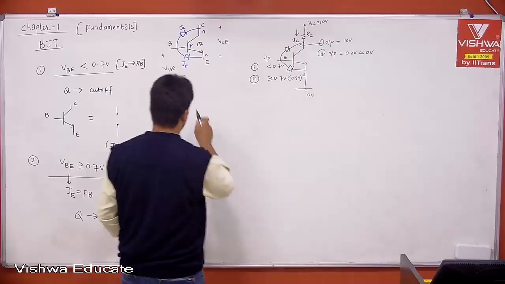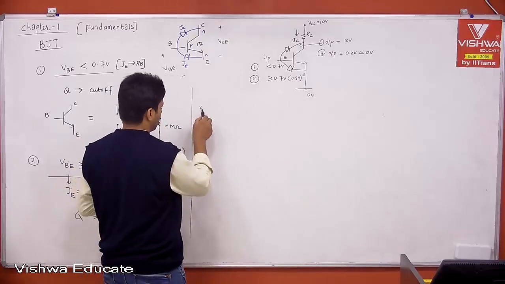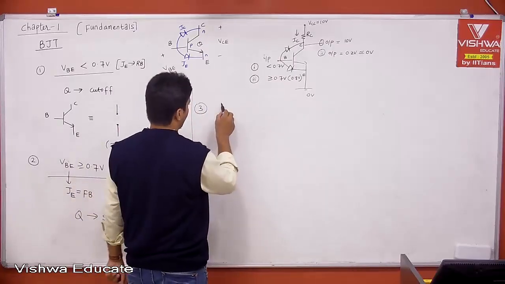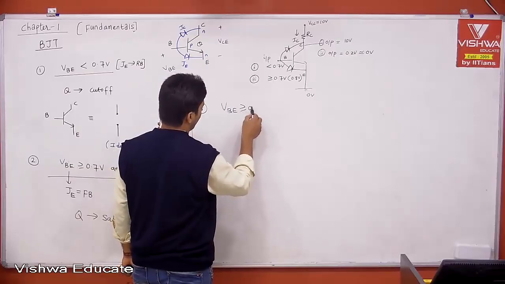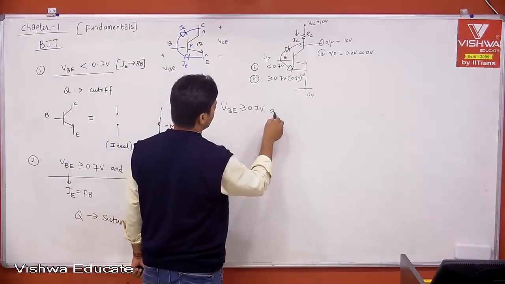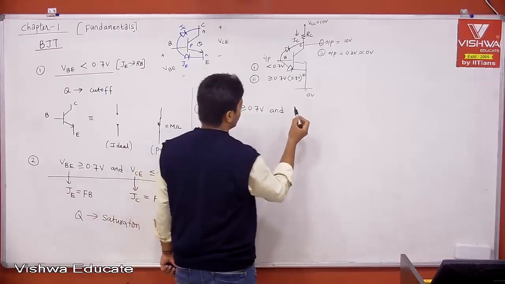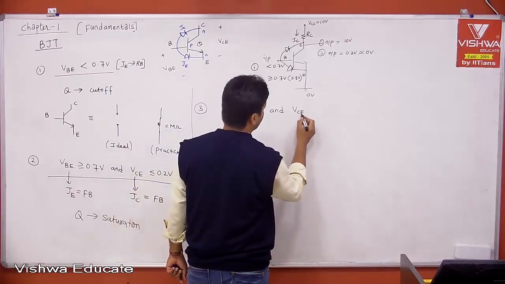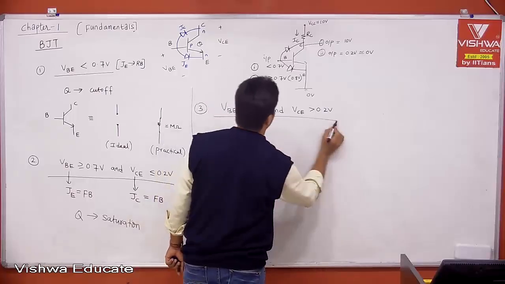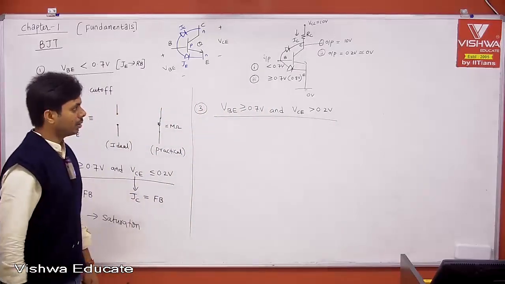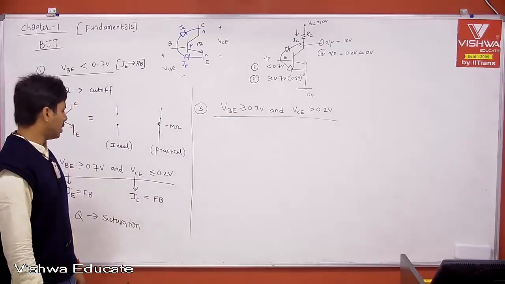The third one. Now, obviously, when VBE is greater than or equal to 0.7, and let us say the other one, VCE is greater than 0.2, which is the intermediate stage, right?